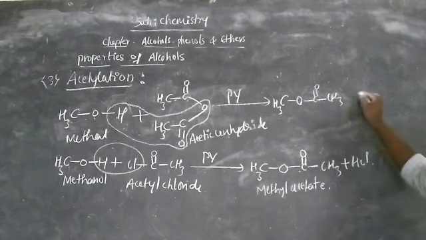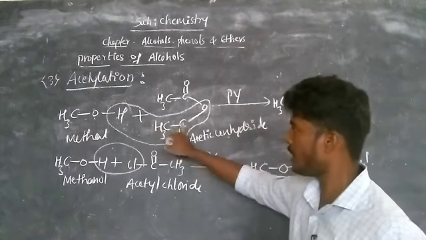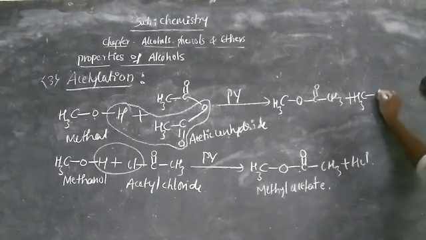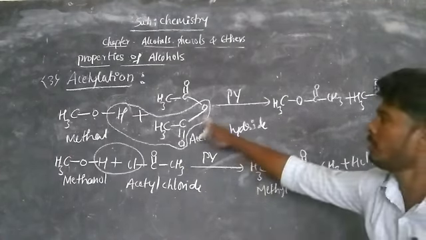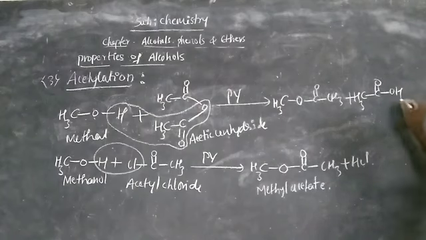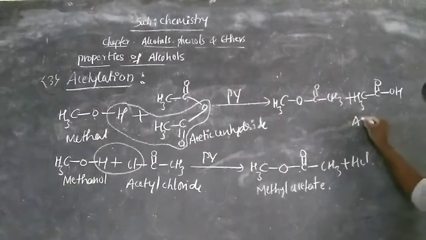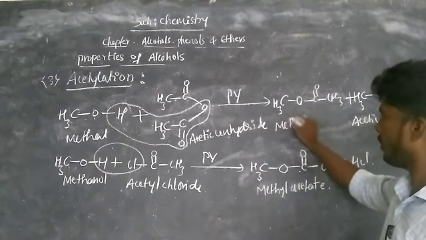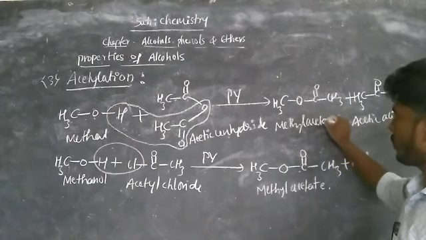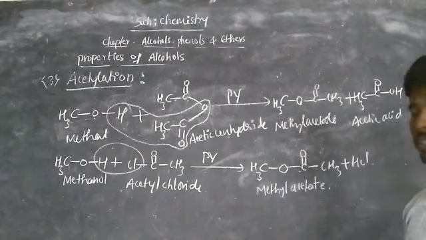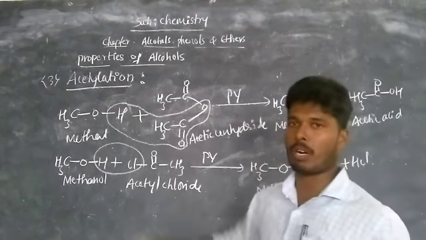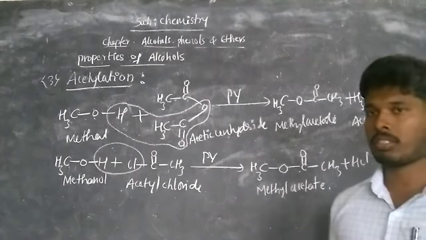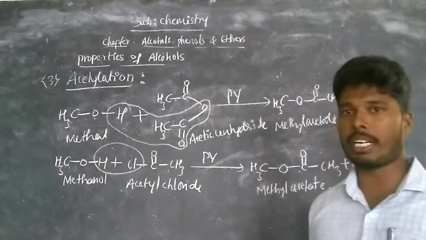Methyl acetate, plus the remaining is CH3 C double bond O and H. What is its name? This is acetic acid, right? Acetic acid. You get acetic acid here, and methyl acetate. So this is also one of the reactions used to cleave the OH bond. Okay, these are some reactions. The fourth method will be studied in the next class.